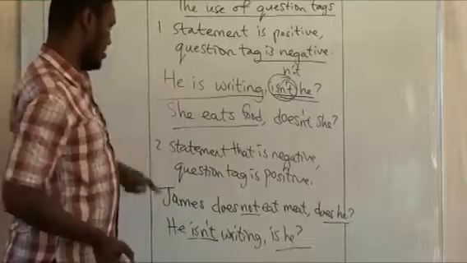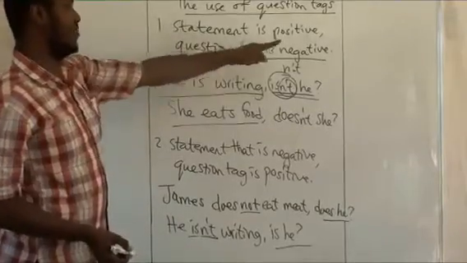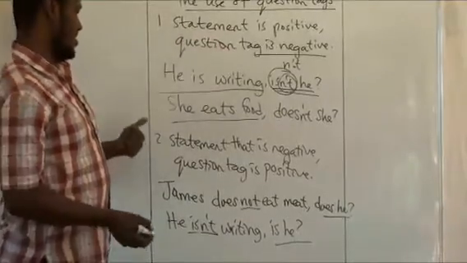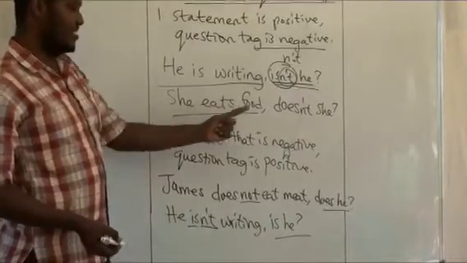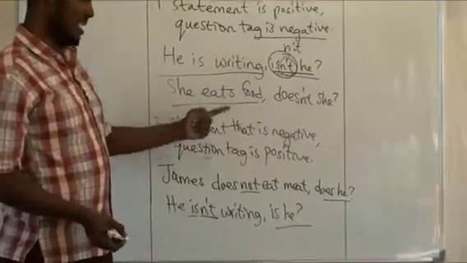That is the second rule. The first one was: statement is positive, the question tag is negative. The second rule: a statement that is negative, the question tag is positive.